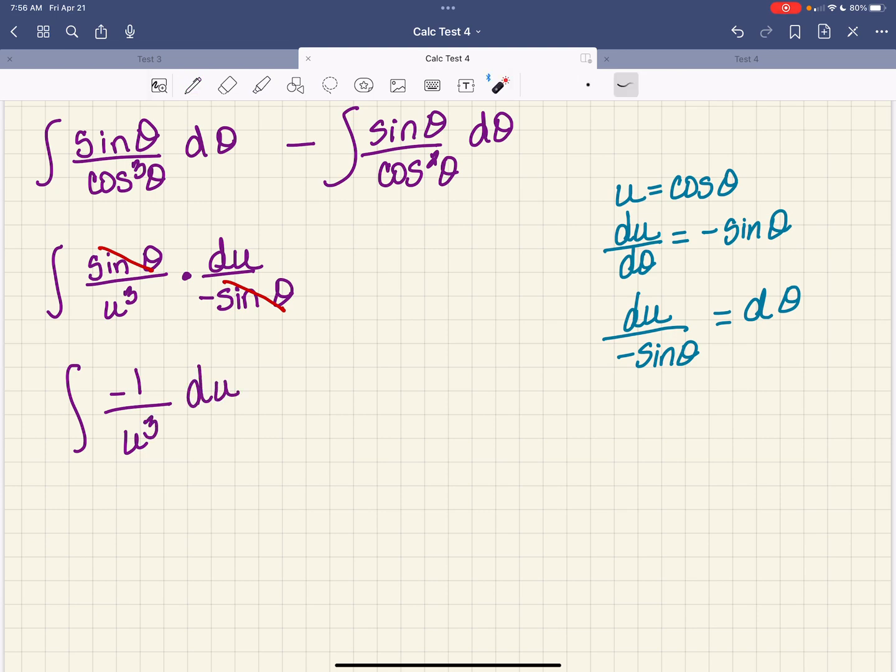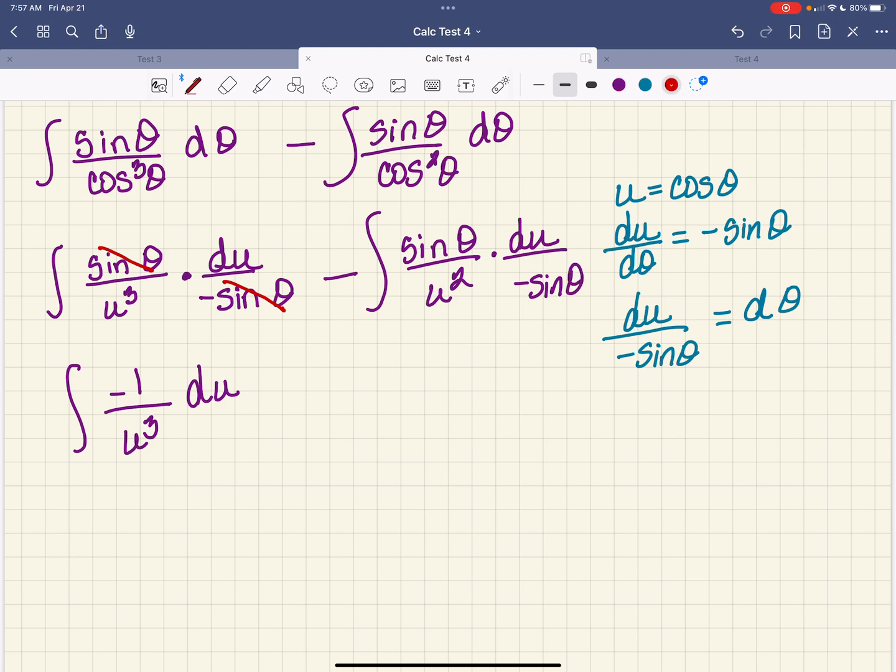Okay, so I was just focusing on this part right here, and I still haven't taken the antiderivative yet. Okay, now let's do the same thing over here. U is still going to be cosine of theta, okay, but just here I've got sine of theta over u squared. Over here I had u to the third, but now I've got u squared. And so then I'm going to substitute for d theta. And so that's going to be du over negative sine of theta.